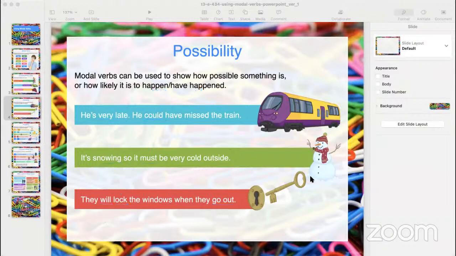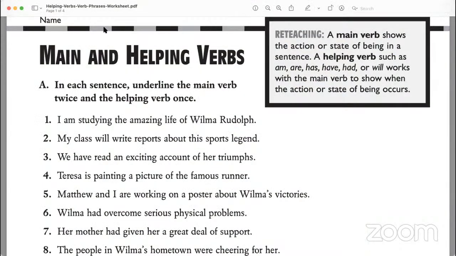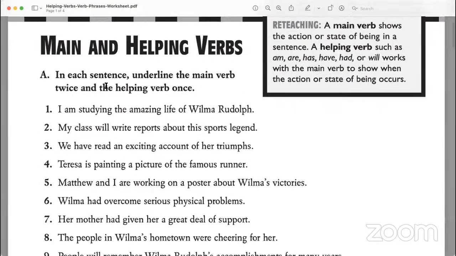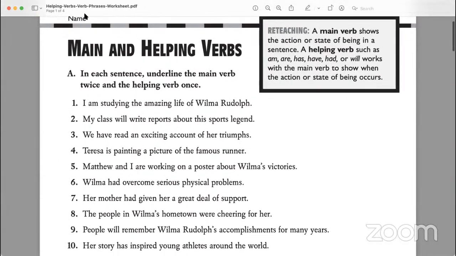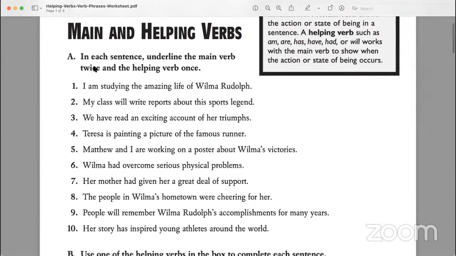Fair enough. Let's do some questions. Identify in each sentence: underline the main verb twice and the helping verb once.